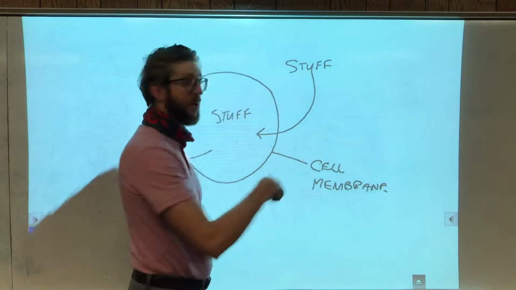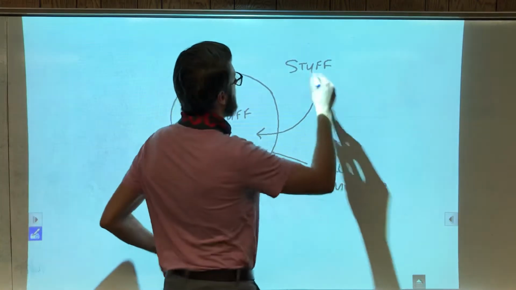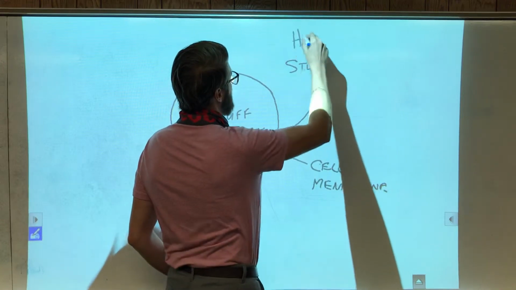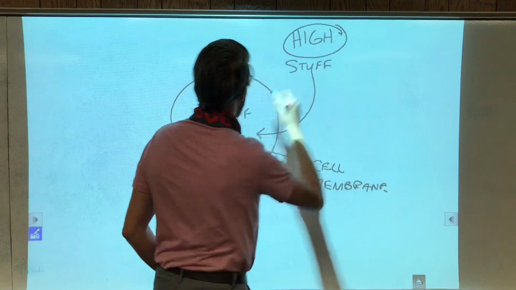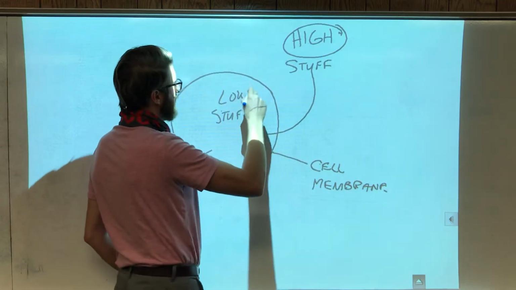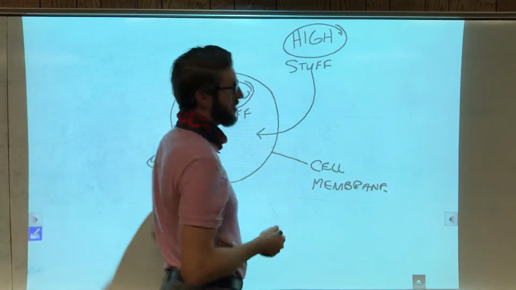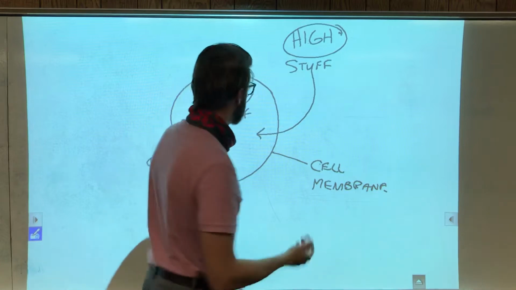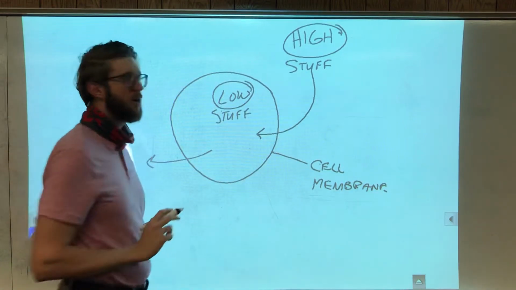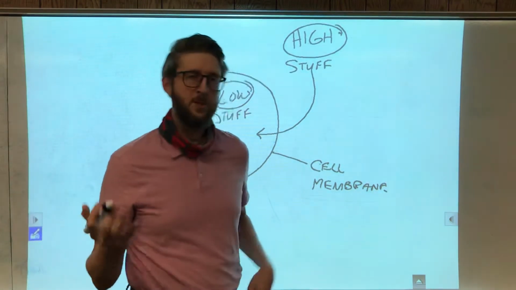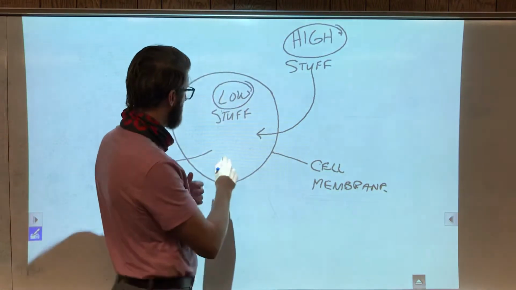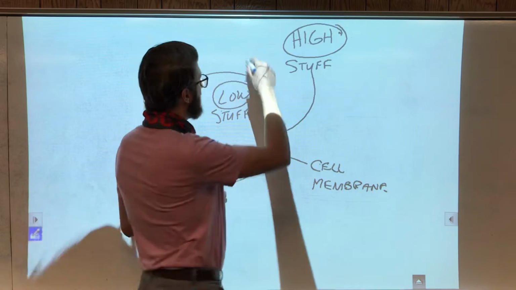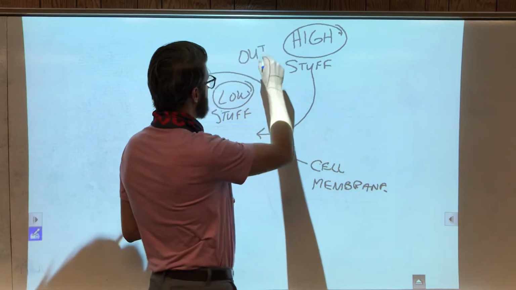And we said in the previous lesson that your body wants to move things from where there's a lot of that stuff to where there's a low amount of that stuff until there's about the same amount of stuff inside the cell as there is outside the cell.